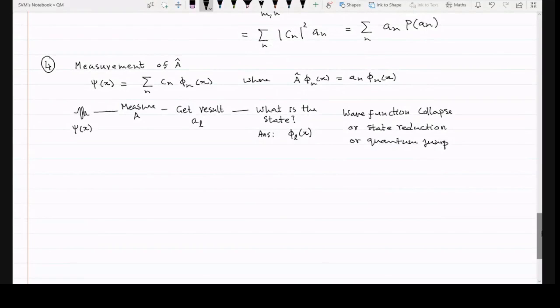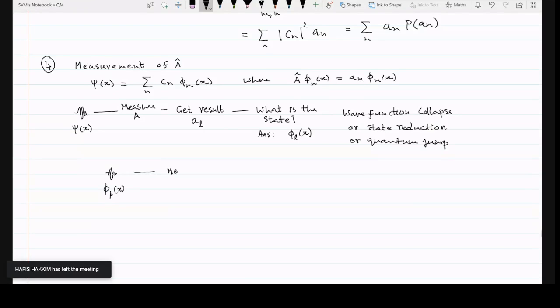Suppose we have a particle, and let's say the state of this particle is phi p of x, and now you measure A. What happens?